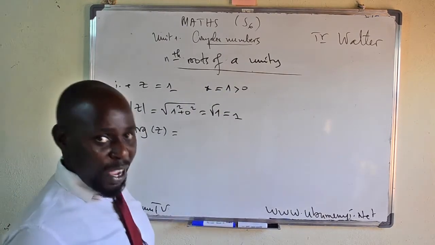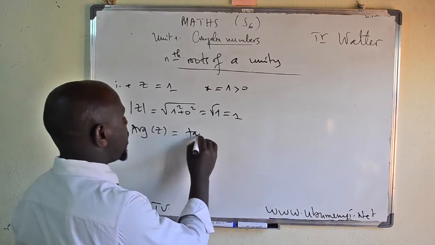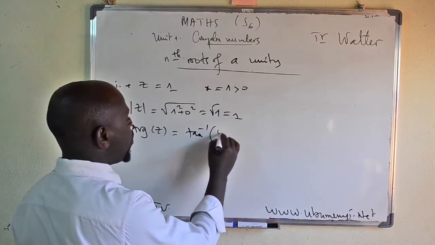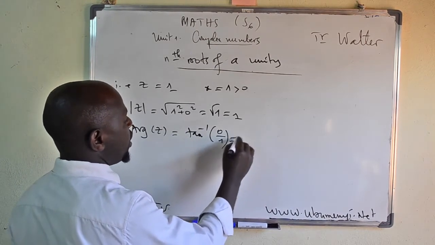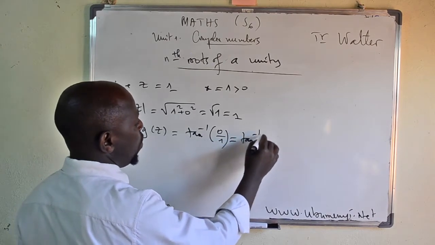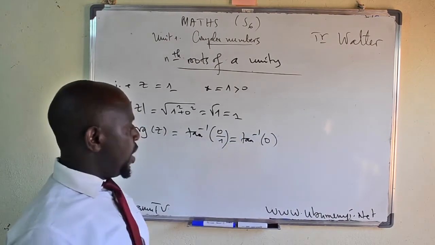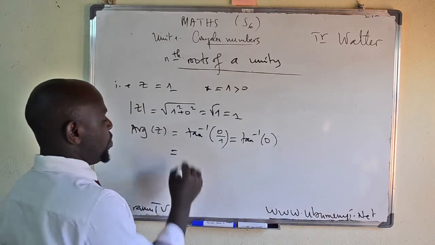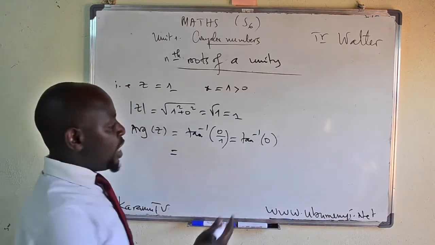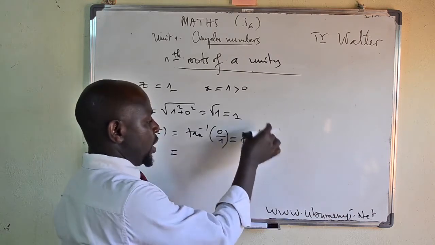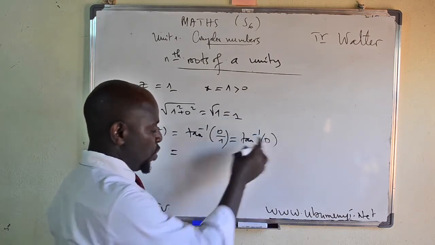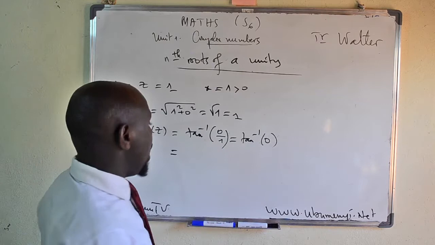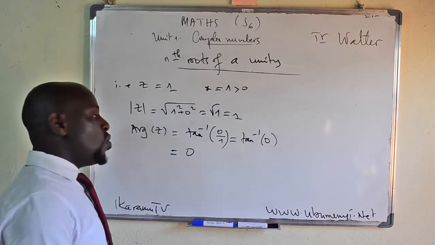Remember that then the argument is tan inverse of y over x, which is 0 over 1, and this will be tan inverse of 0. It's like they are asking us which angle has a tangent of 0, and that angle is none other than 0. So the angle is 0.